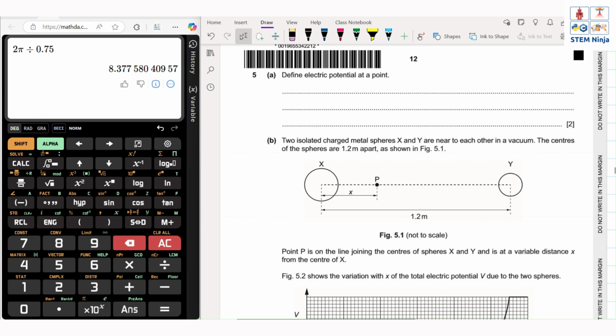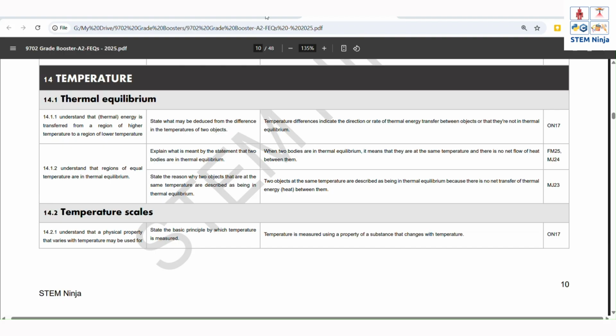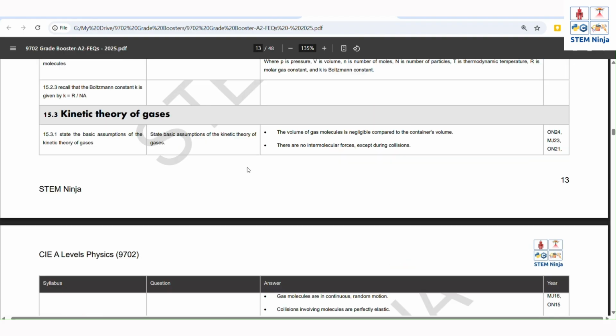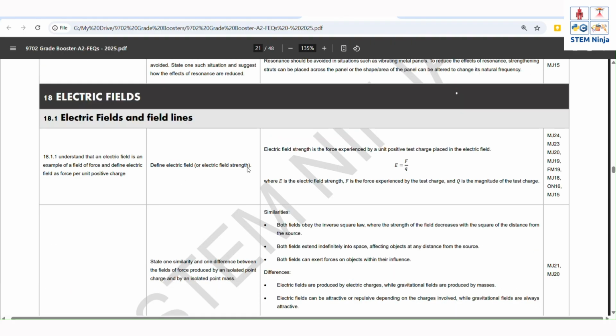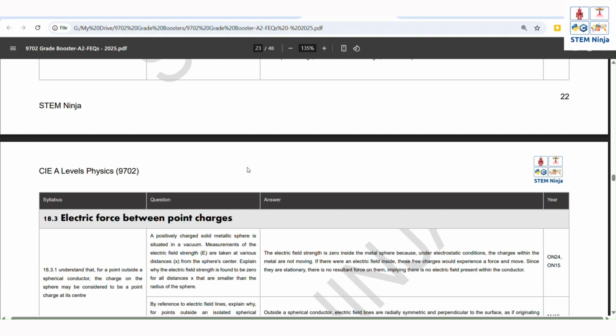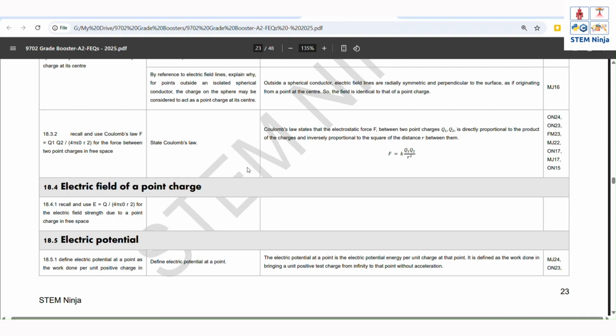Define electric potential at a point. This is a very frequently examined definition. It will be in the definitions and formulae booklet. Electric potential is the electric potential energy per unit charge, or the work done in bringing a unit positive test charge from infinity to that point without acceleration.